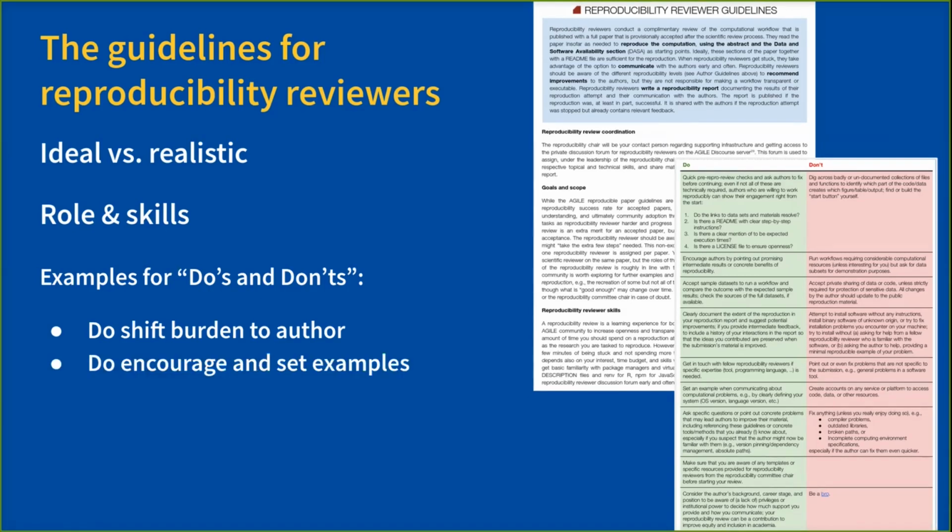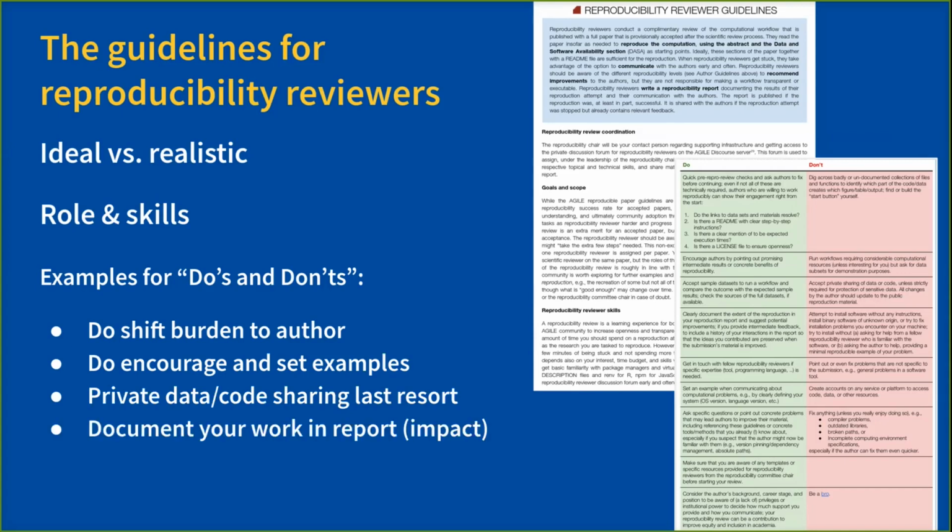The second example is that we do want to encourage authors and get them to work in a more reproducible way, and we try to set good examples for that. We also want to report the work that the reproducibility reviewer does, so we're writing a little certificate in the end to make clear the work that went into giving the feedback about the workflow.